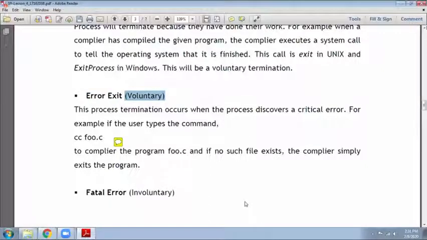That's what you have to remember, because for our computer it's a normal process. If it cannot find the file in the directory you have mentioned, then it's a normal error exit, therefore again voluntary.